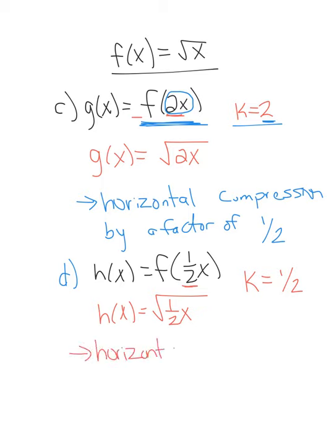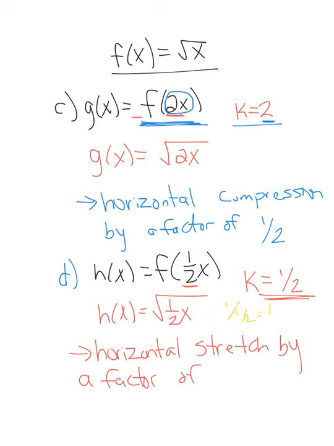We know that this is a horizontal change. Normally, a half would be a compression. K's are backwards, so this is a horizontal stretch by a factor of, now, it's 1 over k. I'm going to have to do a little bit of math here. 1 over 1/2 is the same as 1 times the flip of that bottom fraction, so 2.